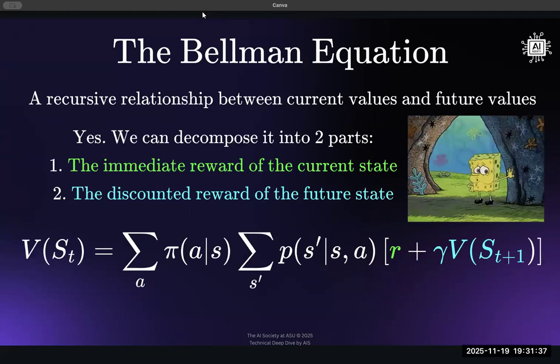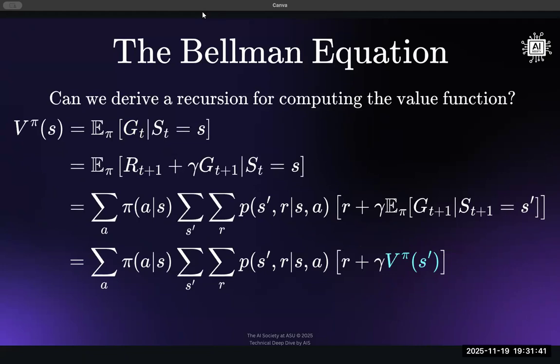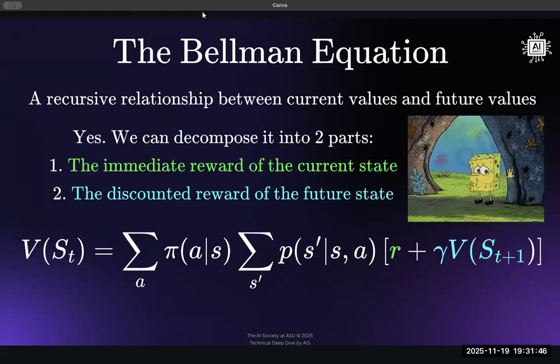we arrive at this actually. So this is what we call a Bellman equation. The rest of the math you can look at later, but what this is saying is this pi right here is our policy. The policy conditioned on some state S gives us an action, and we're going to take a sum over all of the possible actions, and we're going to collect all of those action probabilities over all possible actions.